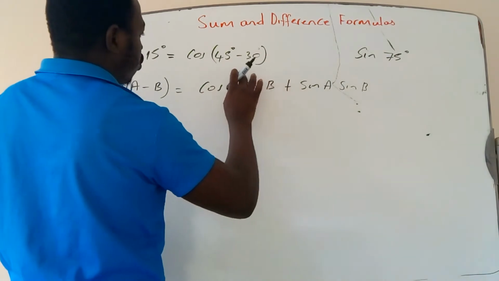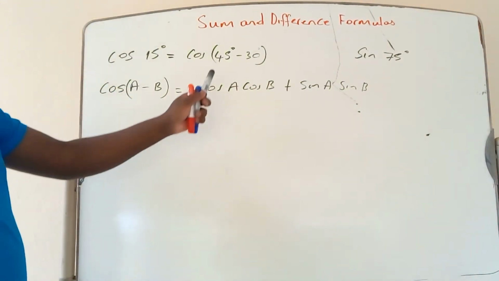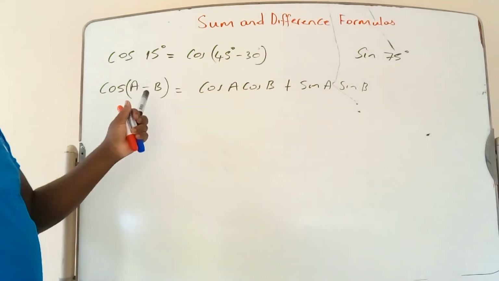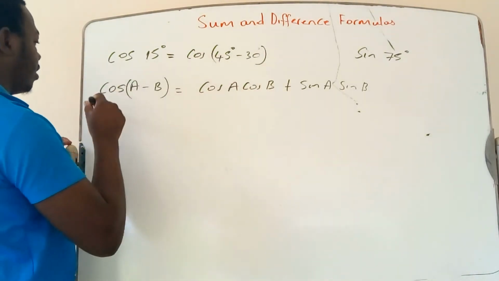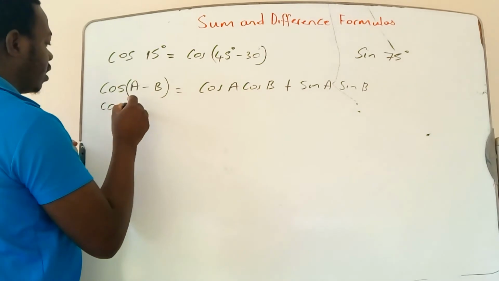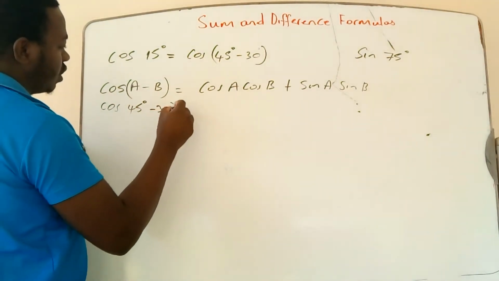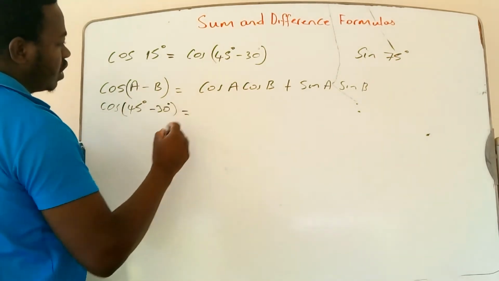So that's the formula you know. Now, 45 is like your A here, and 30 is like your B here. So if you write this here and say, okay, cos 45 degrees minus 30 degrees, what is this equal to?